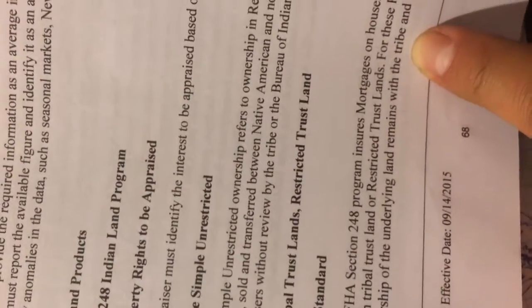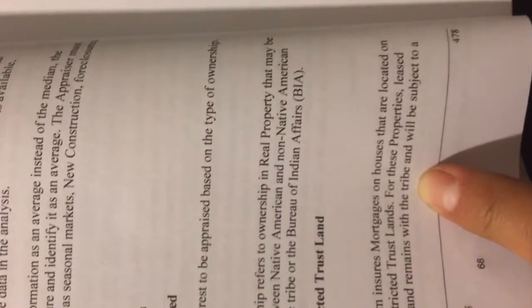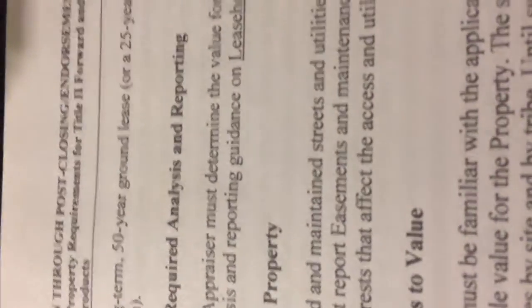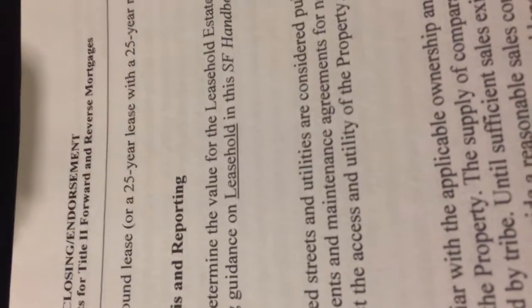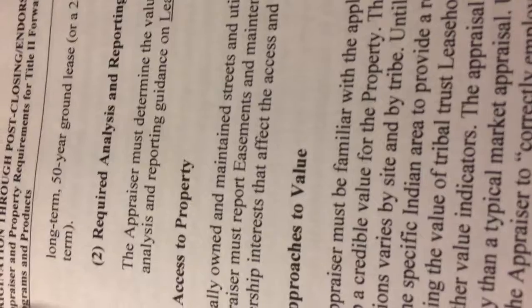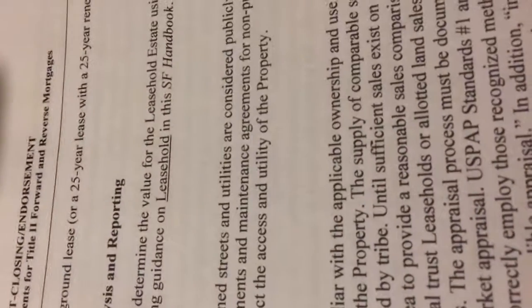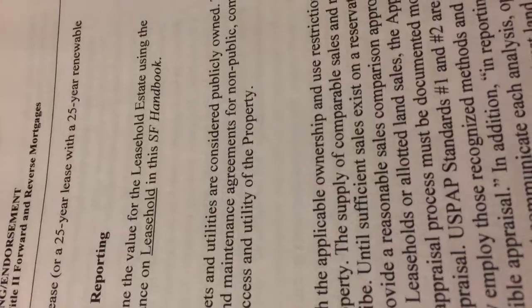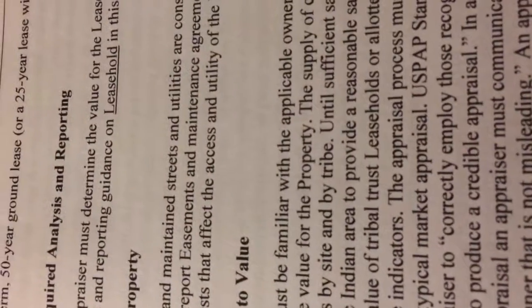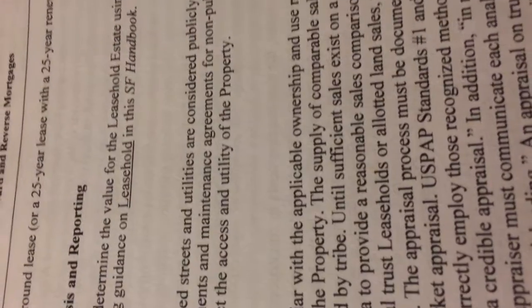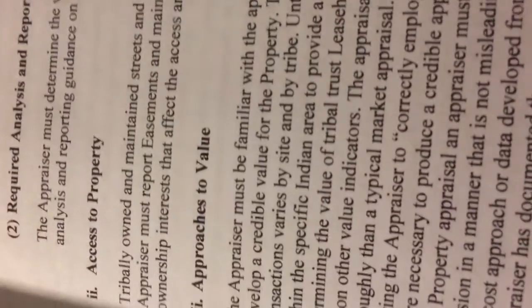For these properties, leased ownership of the underlying land remains with the tribe and will be subject to a long-term 50-year ground lease or a 25-year lease with a 25-year renewable term. Required analysis and reporting. The appraiser must determine the value for the leasehold estate using the analysis and reporting guidance on leasehold in this SF Handbook.